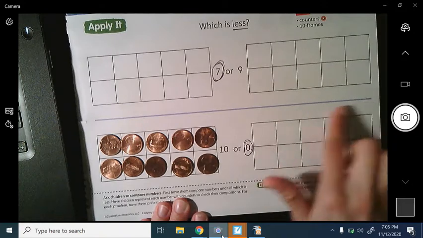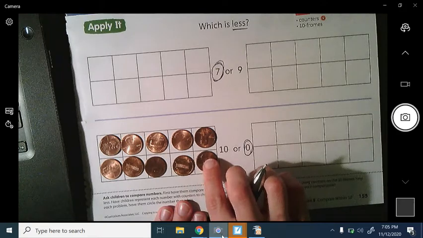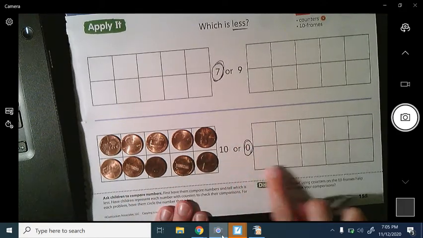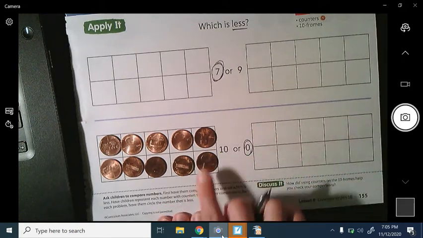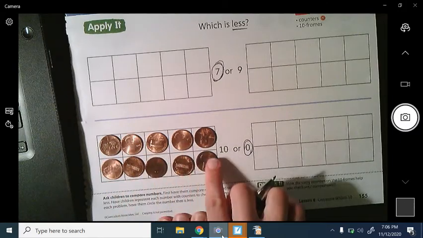No, right? Because 0 means none. So this is showing me that 0 is less because there are no counters over here, but this 10 frame is full with counters.